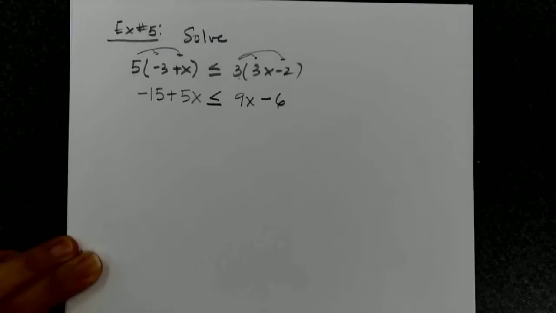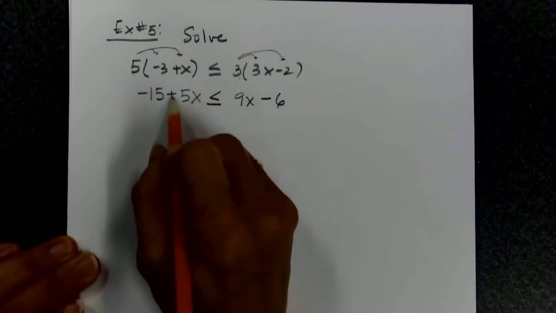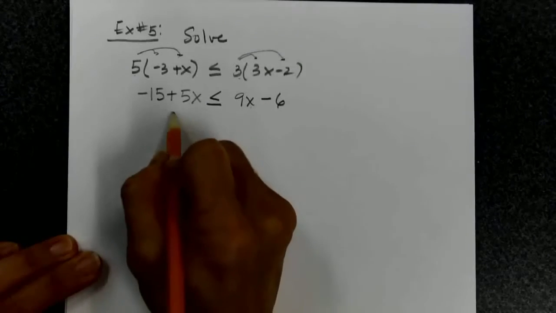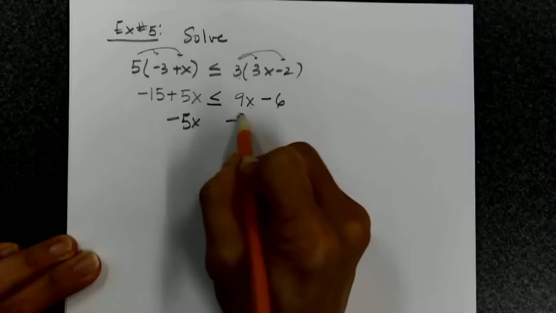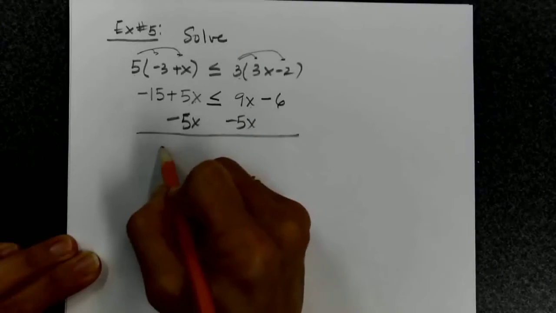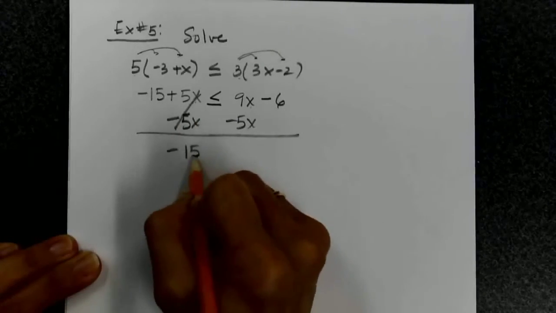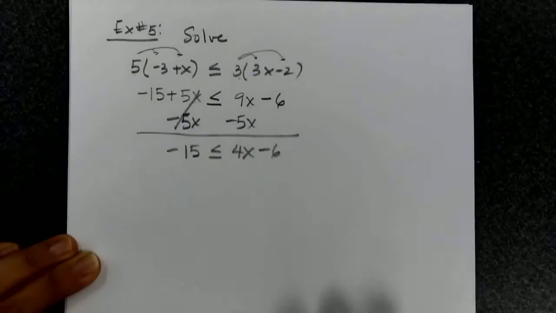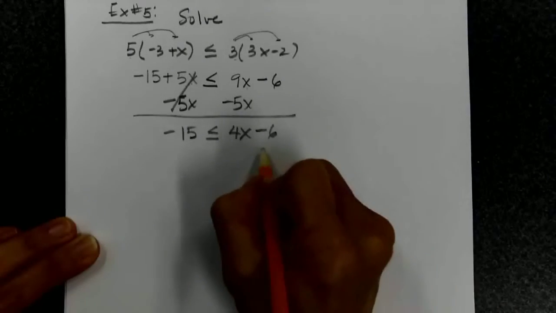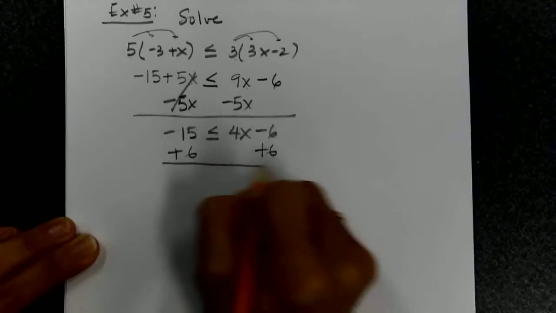Now we want to bring all the variables to one side and all the numbers to the opposite side, and I like to bring the smaller variable over to the bigger side. So this is plus 5x. I'm going to subtract 5x to both sides, which makes it negative 15 is less than or equal to 4x, and then minus 6, and then I'm going to add 6 to both sides.